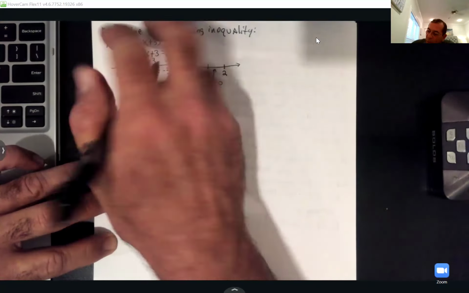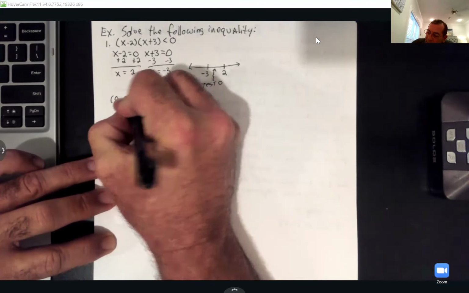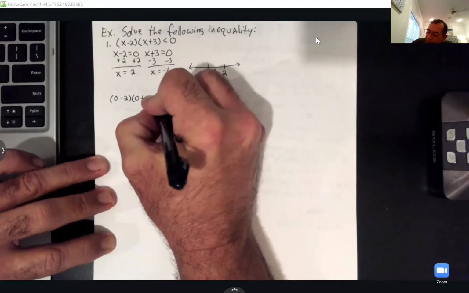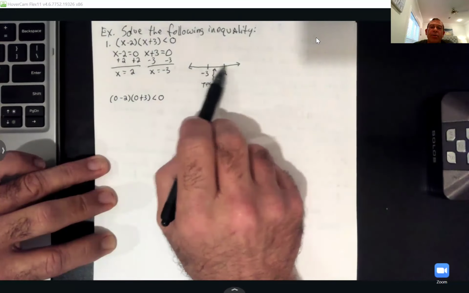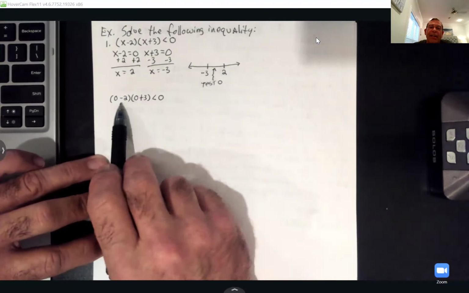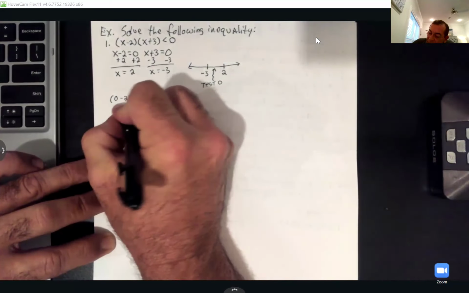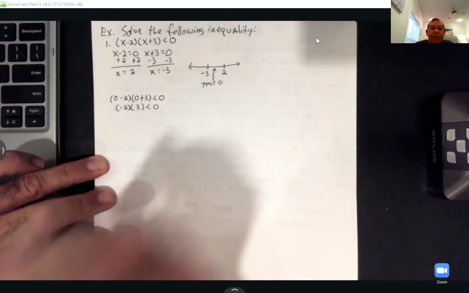So let's put a 0 in and see what we get. 0 minus 2 times 0 plus 3 has to be less than 0. Now, y'all, you can use any number you want. I just find it easier to use a 0, okay? So this will give me -2 times a +3 has to be less than 0.